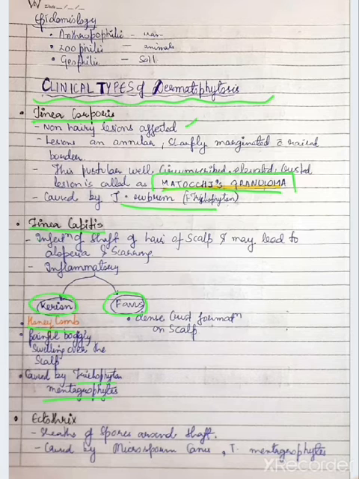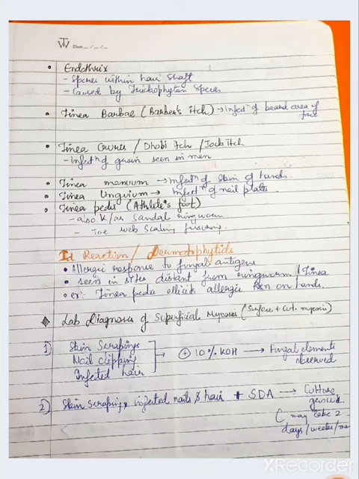Now ectothrix, sheets of spores around the shaft, caused by Microsporum canis and Trichophyton mentagrophytes. Now the endothrix, where the spores are present within the hair shaft, caused by Trichophyton species.